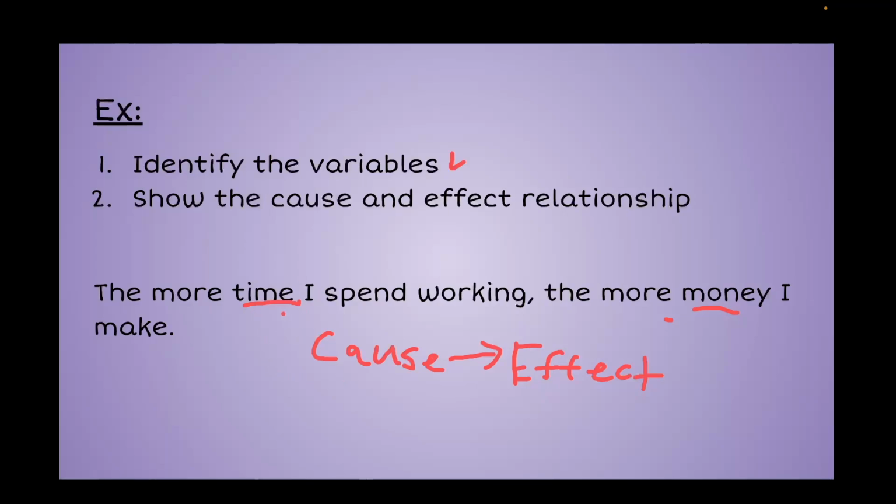Well, when I spend time working, that's when I make the money. So your cause, the thing starting this whole thing, is the time. And then that's going to affect how much money you make. Now you're seeing that there's a relationship between these, and it's going this way. This is affecting that.